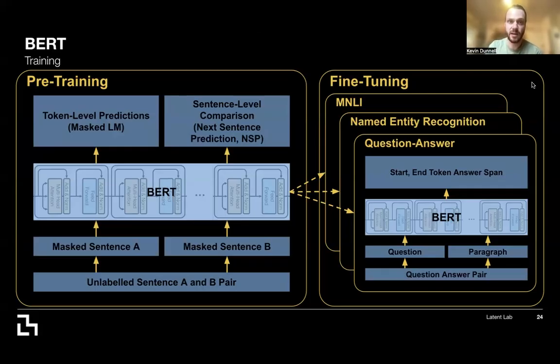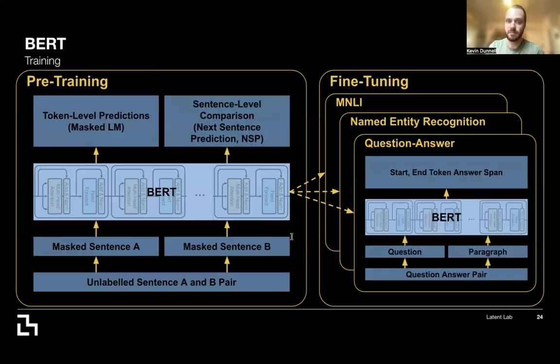When we're pre-training BERT, we're actually doing two training tasks at the same time. One is masked language model prediction, as well as sentence-level comparison, or next sentence prediction. Once we have this, we can use this pre-trained model that has a general understanding of language to fine-tune it on other tasks.